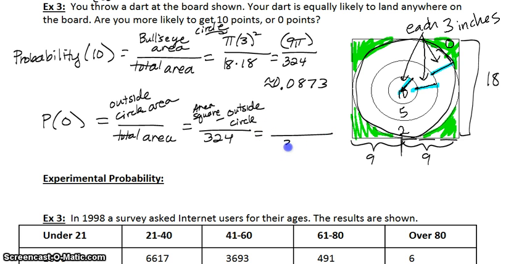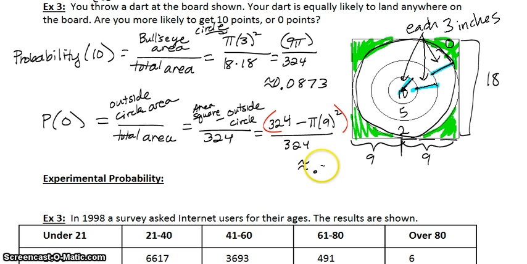I know already the area of the square is 324 because that's what we just did. The outside circle, we've got to figure out the radius. So I'm thinking 3, 6, 9. So 9 is the radius. Pi r squared looks like this then. Now, be careful, because if you're going to do this in your calculator, you want to type it all in parentheses always. Otherwise your calculator won't know to separate them.